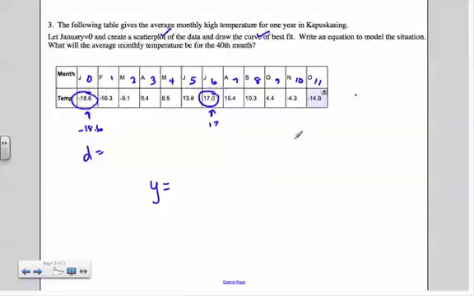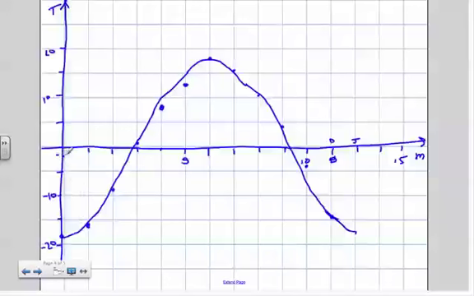So I'm going to find the average of negative 18.6 and 17.0 by adding them up and dividing by 2. So if I add those up, I get negative 1.6, and then if I divide them by 2, I get negative 0.8. So my axis of curve is actually just below y equal to 0.